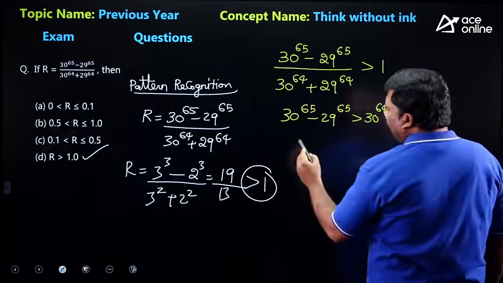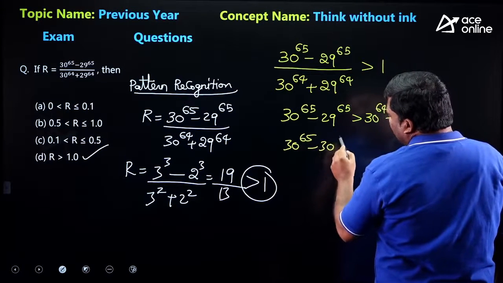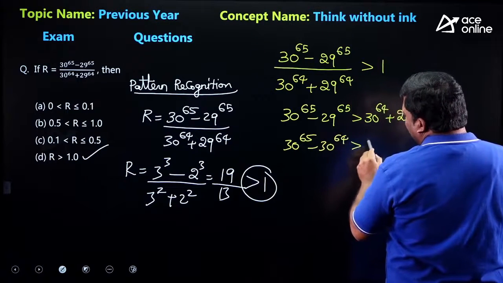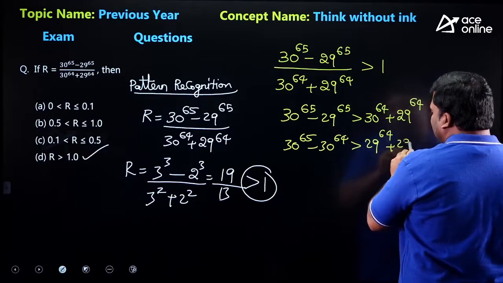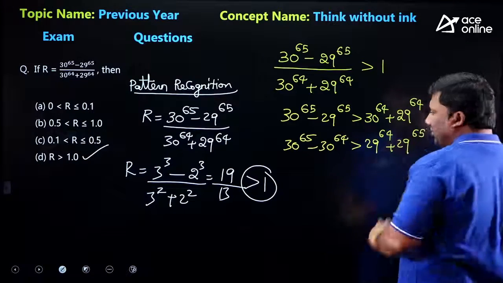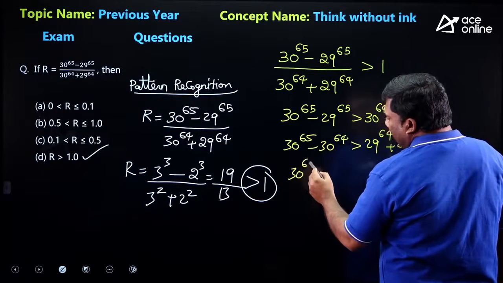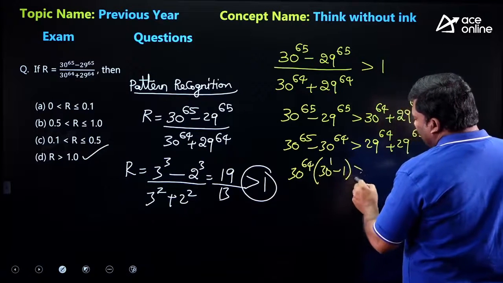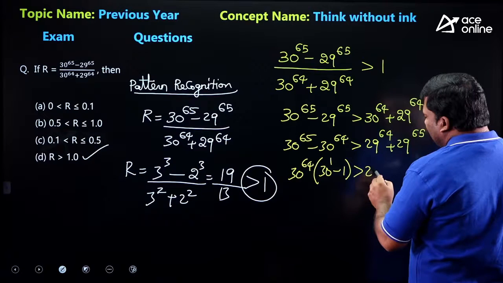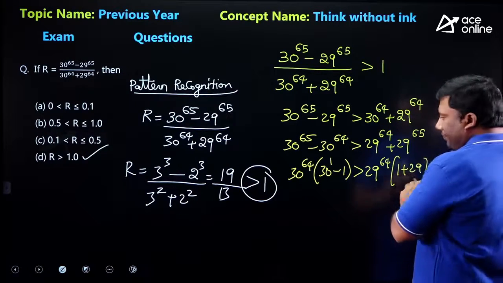30 power 64 comes to the left side. 30 power 65 minus 30 power 64 greater than 29 power 64. It comes to the right side, 29 power 64. If I take 30 power 64 common, this will be 30 power 64 into (30 minus 1), greater than 29 power 64 common, it is (1 plus 29).